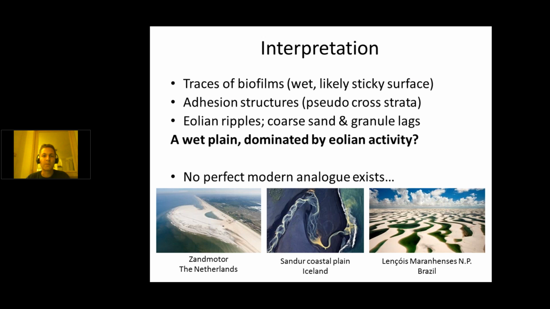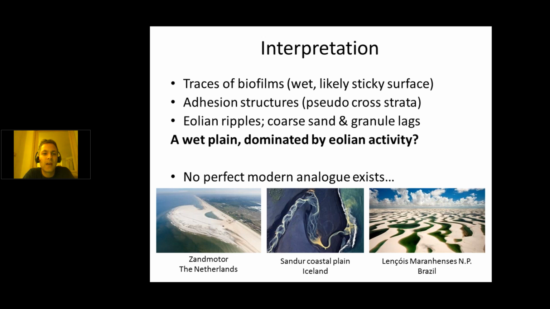The interpretation of these crinkly layers is that we have traces of biofilms. They were probably wet and likely sticky surfaces because we have lots of adhesion structures, adhesion warts and adhesion ripples. And so both of those indicate that there is a wet environment. We expect biofilms to form in wet environments, not in very dry environments.